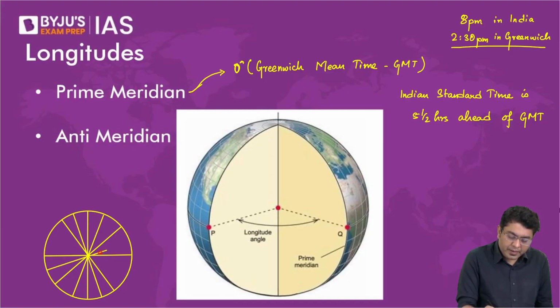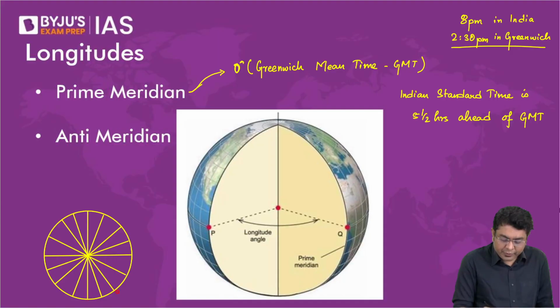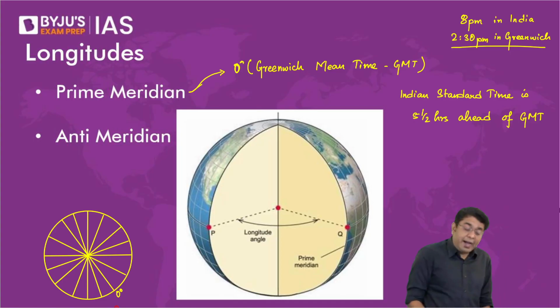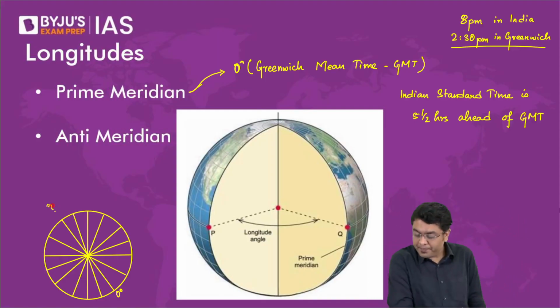Now here, let's suppose this is the 0 degree, or the prime meridian. What will be the angle of the meridian that is the exact opposite of it? 180 degree, isn't it? Correct.